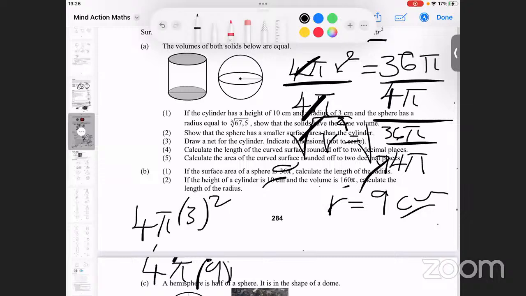How much do you get, where 4 pi into 9 square? Oh, ma'am, I didn't square it, so maybe that's a mistake.